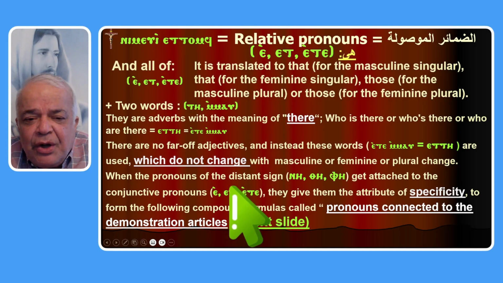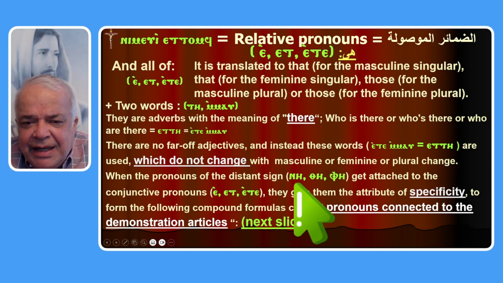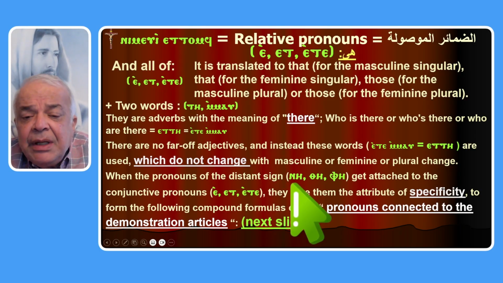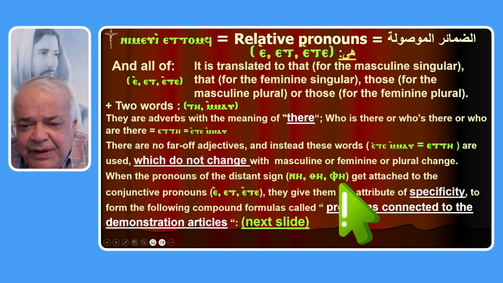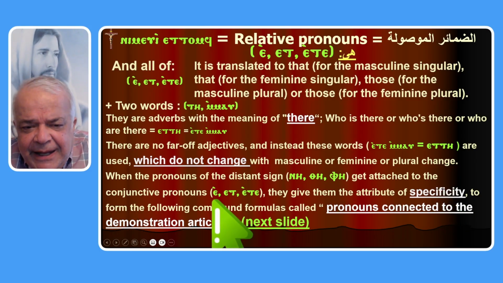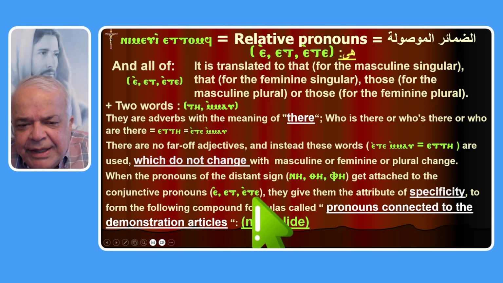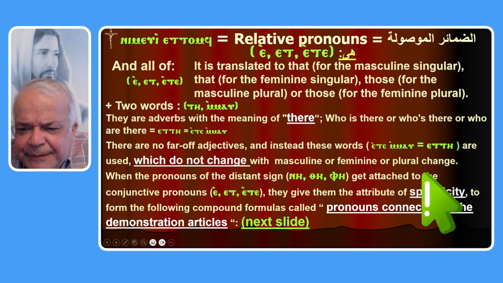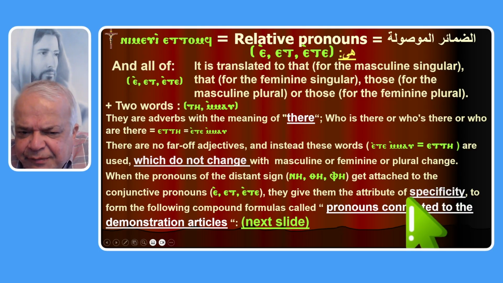When the pronouns of the distant sign, ni or demonstration, this sign here means demonstration, ni and si or fi, get attached to the conjunctive pronouns a genkim or et or ete, they give them the attribute of specificity. They are more specific.